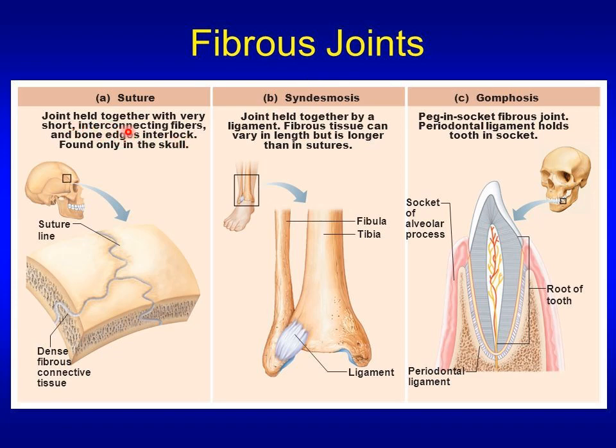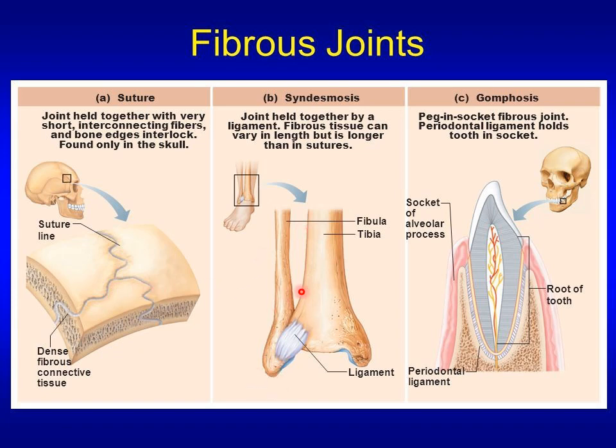The sutures, in which the joints are held together by interconnecting fibrous tissue, interlock together, and after age 20s this fibrous tissue becomes ossified. It has osteogenic property, and this fibrous tissue also disappears in between the suture. So most of the time in the skull you will see there will be no fibrous tissue, as it disappears.